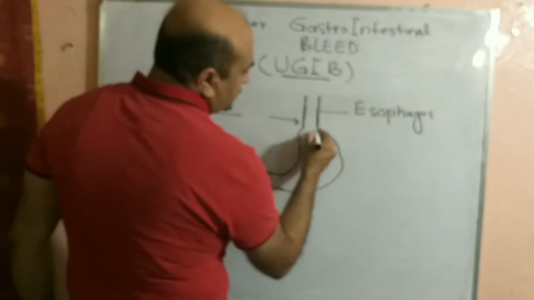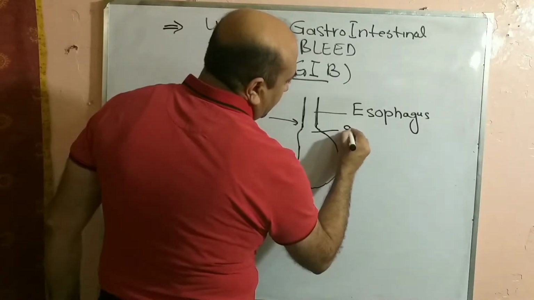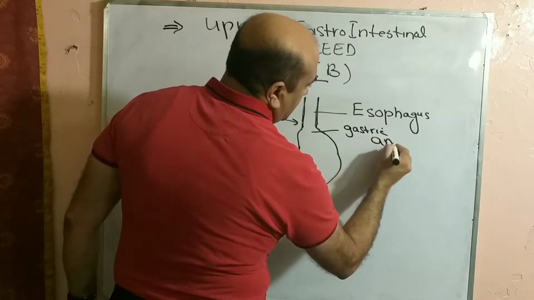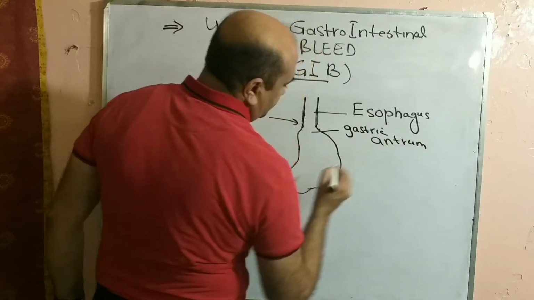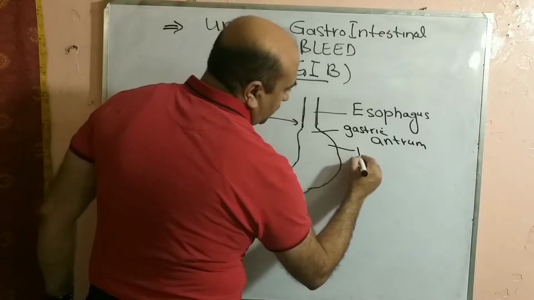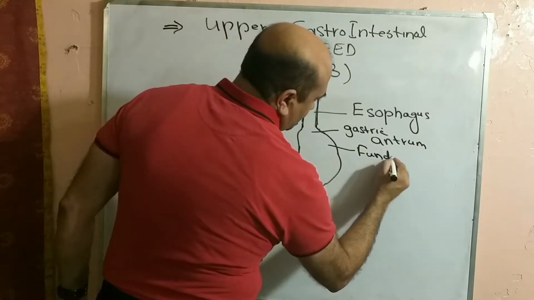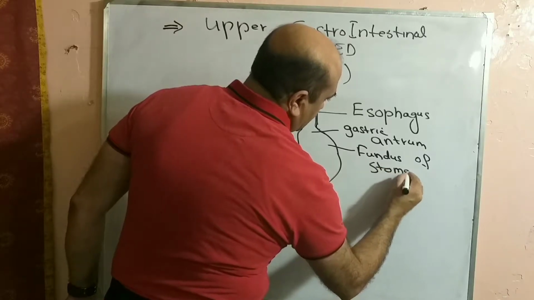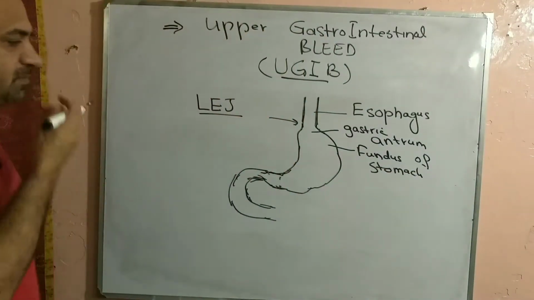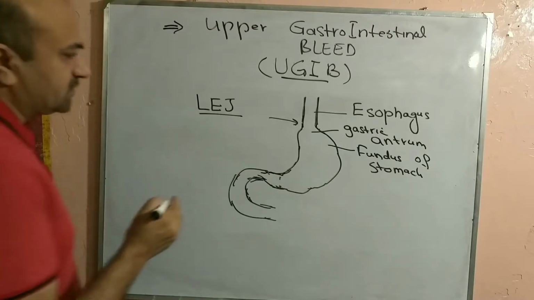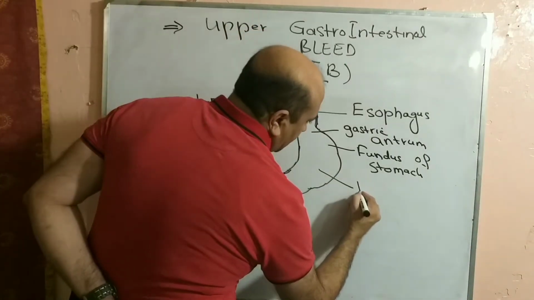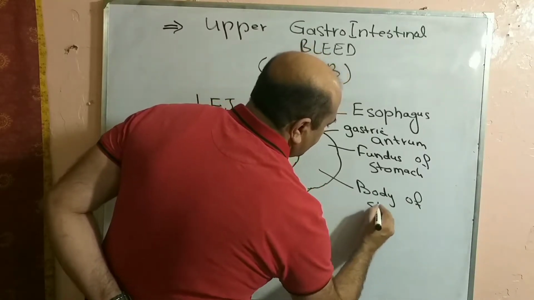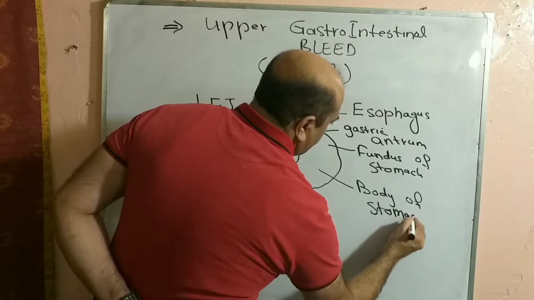The first part of the stomach is known as the gastric antrum. This part is known as the fundus of the stomach, very famously known as the gastric fundus. This is the body of the stomach.